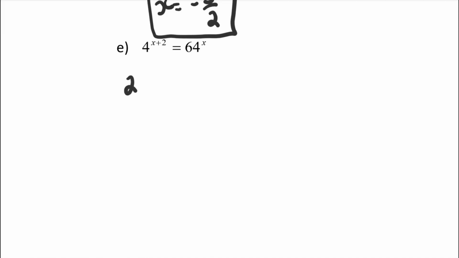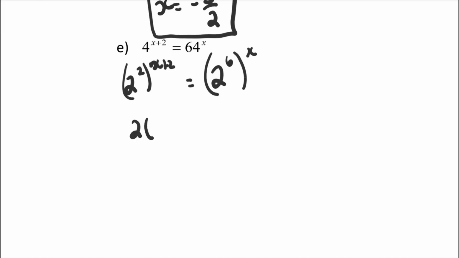So this is going to be 2 to the power of 2, and that is x plus 2, is equal to 2, as we said earlier, 2 to the power of 6, to the power of x. So now, since our bases are the same, we can now drop the bases. So this is going to be 2 times x plus 2 is equal to 6 times x.